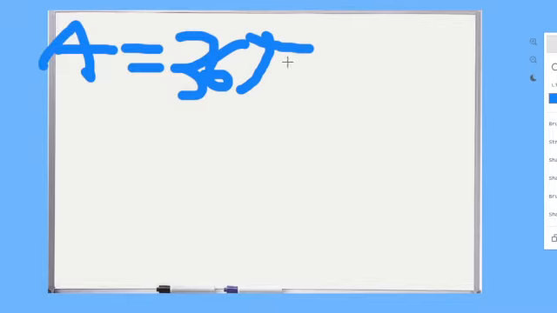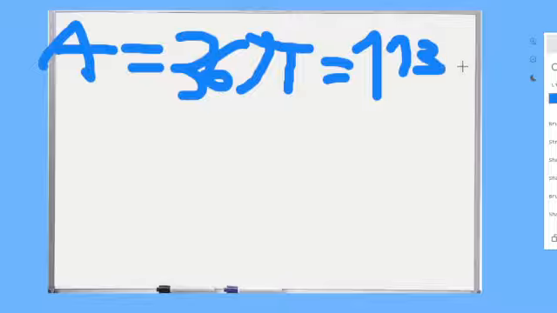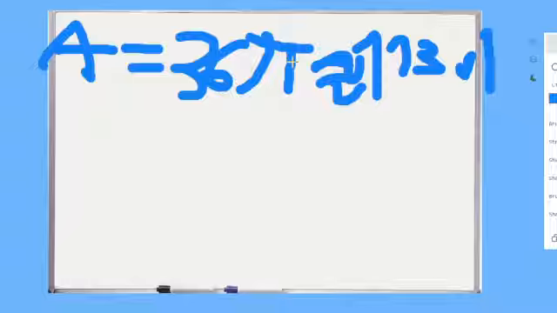I don't know why I can't just put the number. Well, anyways, that is 113.1. It's not exact, but it's similar. Okay, we're going to use that for a number.